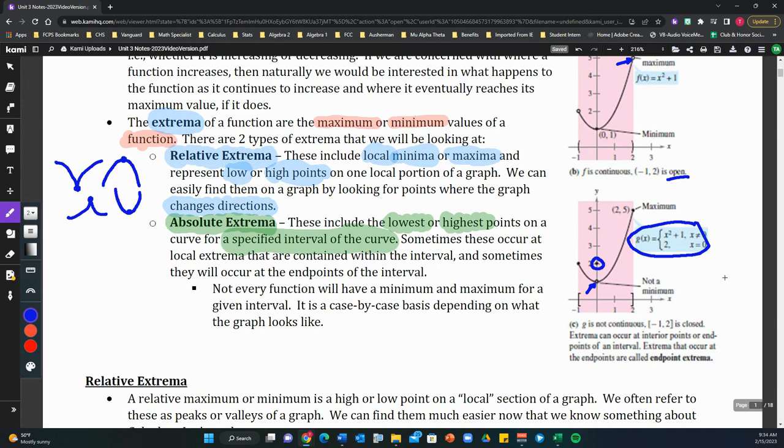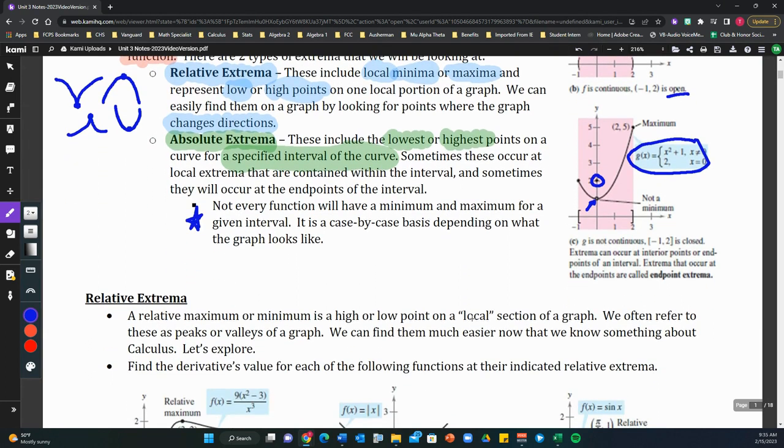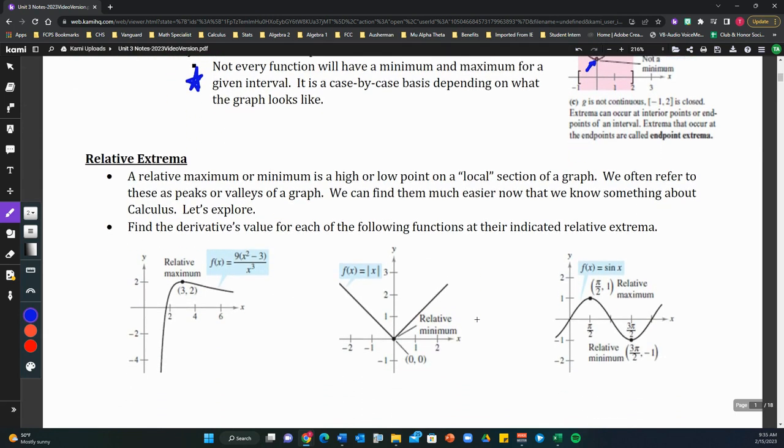So the function no longer has a minimum value on that interval. So these are just three examples to show that not every function is definitely going to have a min and a max on a given interval unless we can guarantee some information is true. And that's where we're kind of headed. We're going to look at a special theorem here in a few minutes.